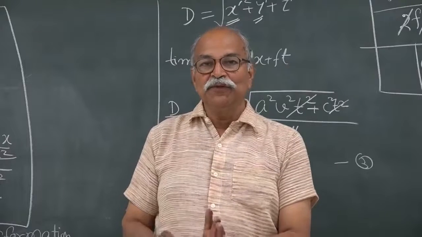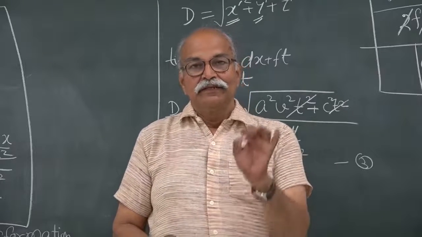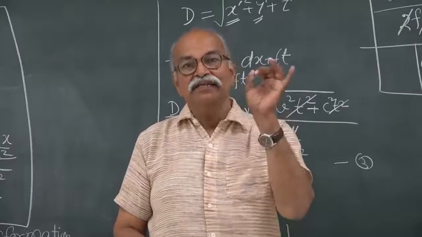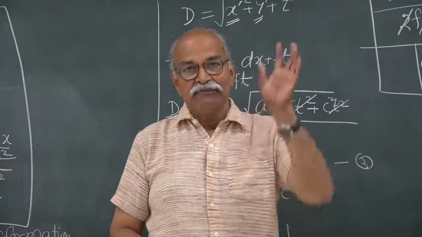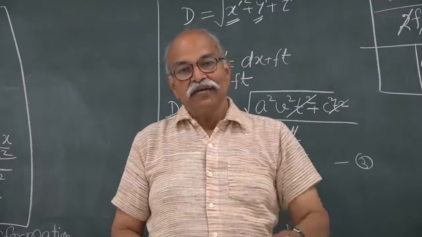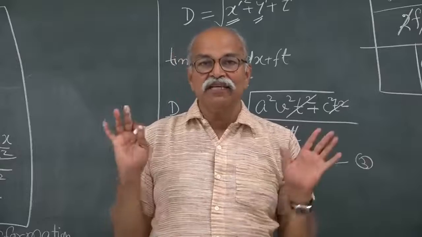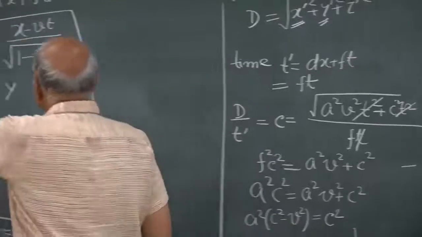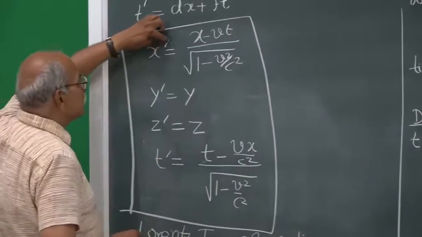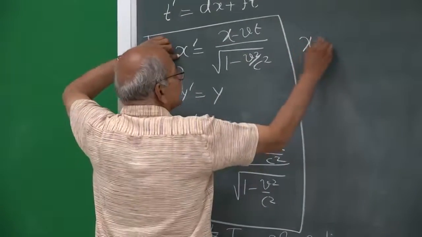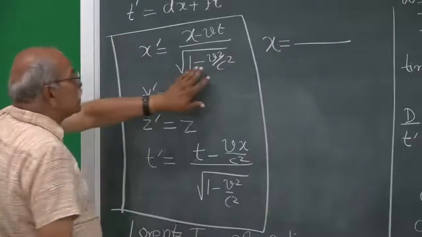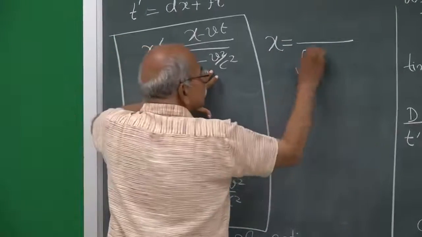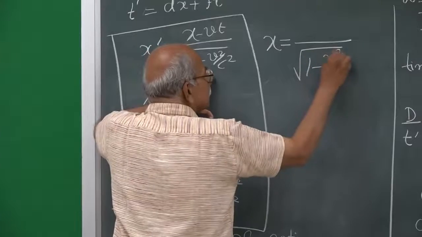So, all you have to do is replace v by minus v, and primed things by unprimed things and vice versa, and finish. So, the inverse transformation will be, x equal to, the denominator remains the same, 1 minus v square by c square.